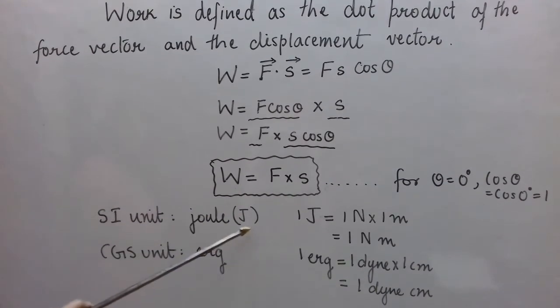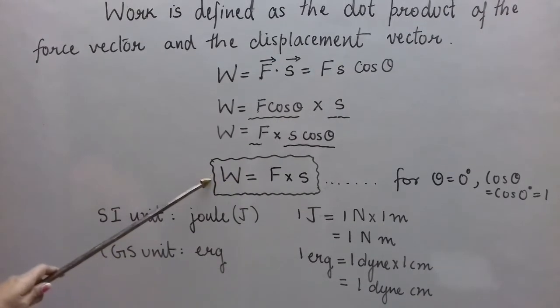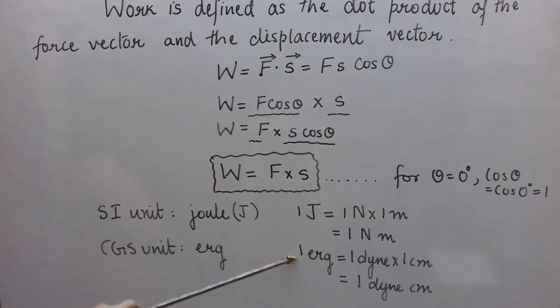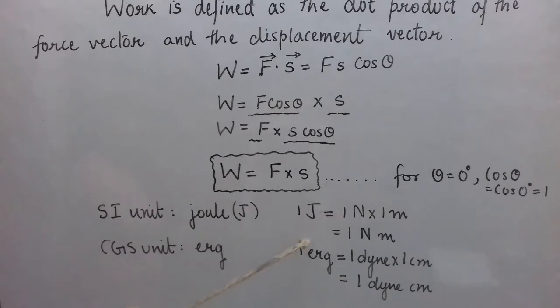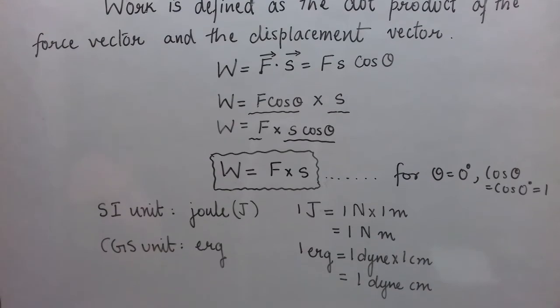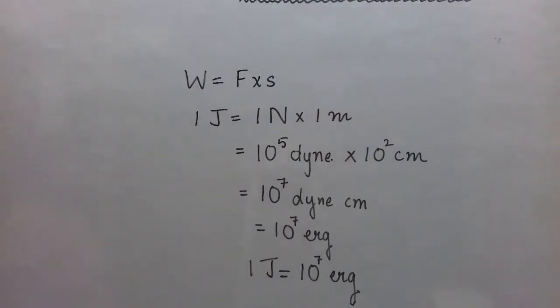Okay, so I hope it is very easy for you now to define the units from the given equation. So you can define joule, you can define erg, and let us see now conversion between joule and erg as we had seen it earlier between Newton and dyne.